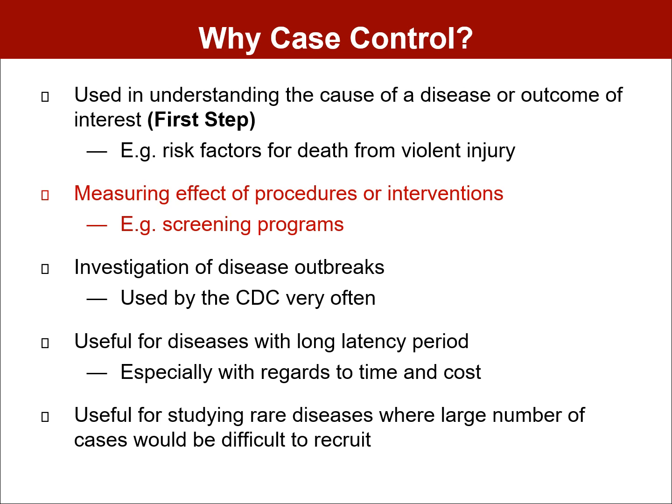It helps in measuring effective procedures or interventions. Example, screening programs. I just stated this earlier about the investigation of disease outbreaks, which is used by the CDC very often. It's also very useful for studying diseases with long latency period, meaning a disease that takes a while before it eventually manifests.